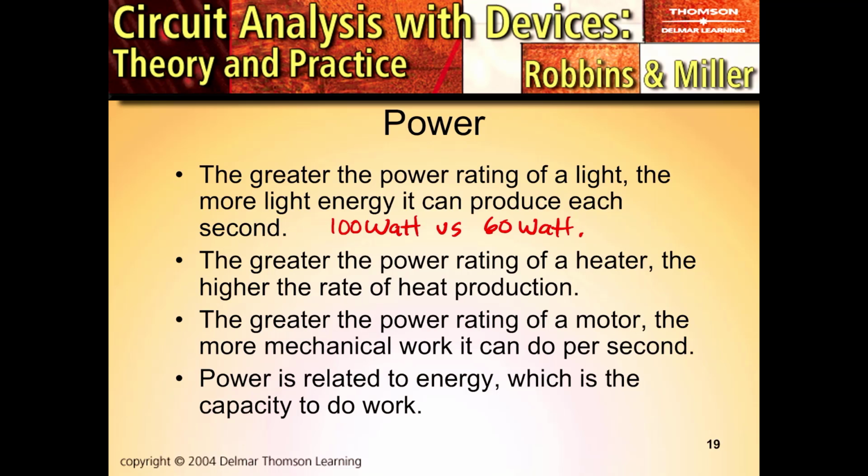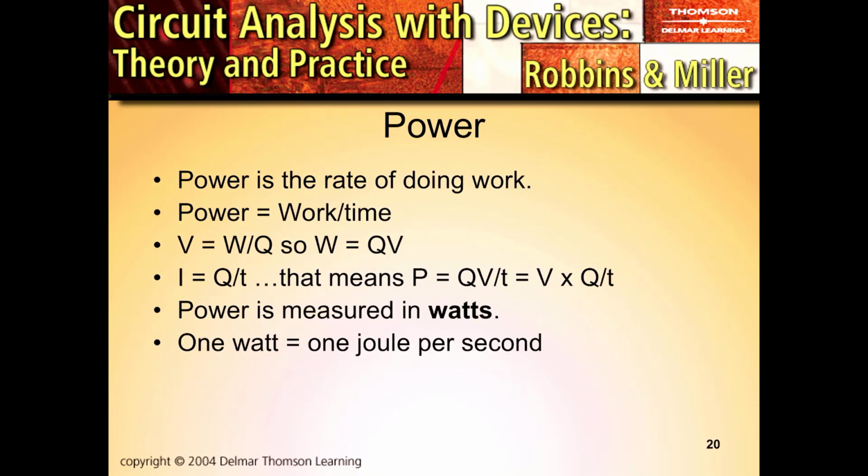The greater the power rating of a heater, the more heat it's producing per second. A motor, the more horsepower it is, means the more mechanical work it's doing per second. So power is related to energy, which is the capacity to do work. So if we define power as the rate of doing work, power is equal to work per unit time.